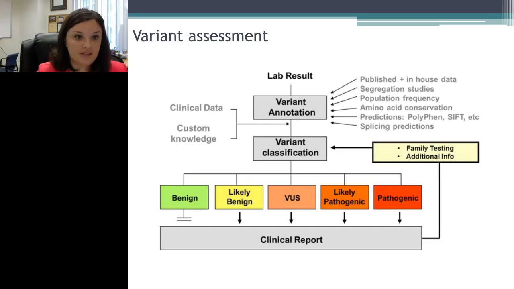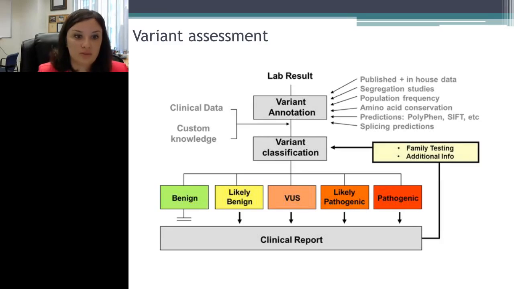We look at segregation studies that are available from that published data and also within the family itself. We look at things like population frequency, amino acid conservation, pathogenicity prediction, splicing tools. All of those things go into a variant interpretation, and then we take that knowledge along with the clinical data and the custom knowledge that we have about the gene or disease area, and perform a variant classification.